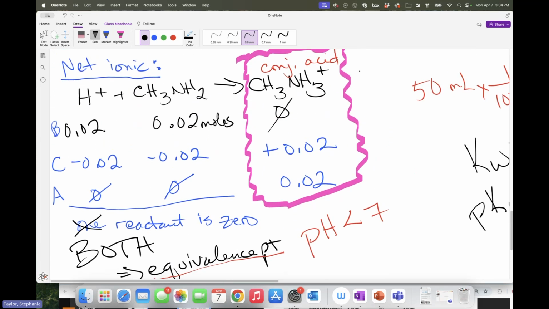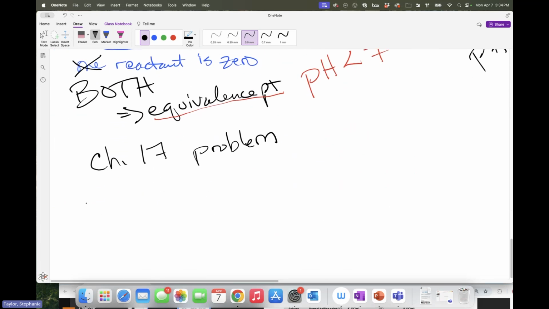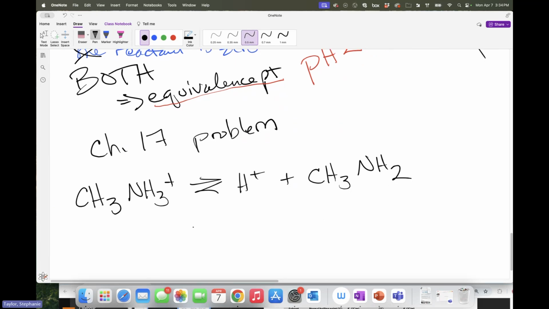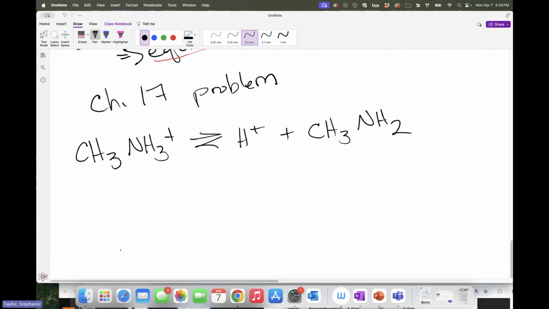So what I need to be able to do is take this weak acid, CH3NH3 plus, and consider its equilibrium. Which means I'm going to be using a Ka value.